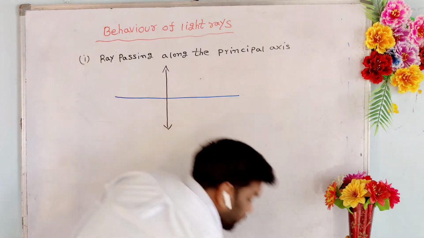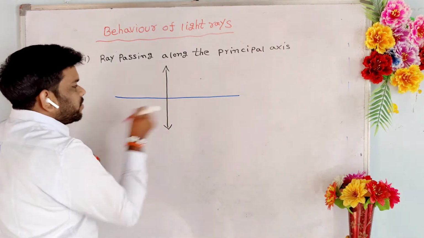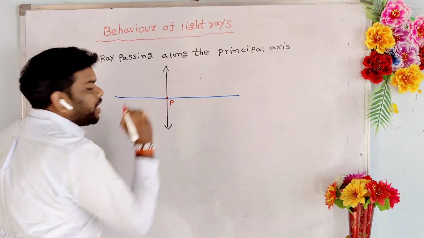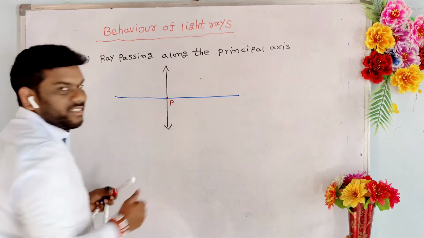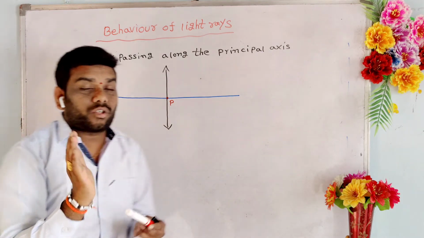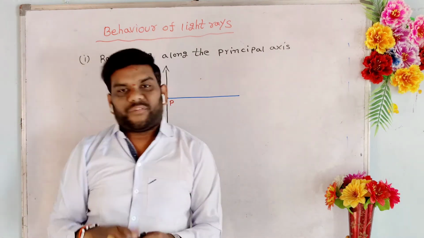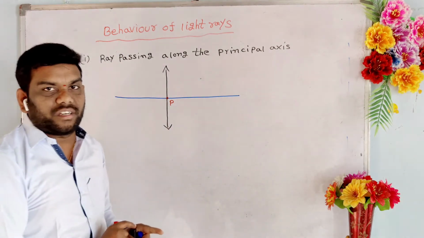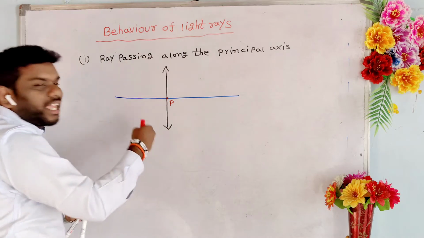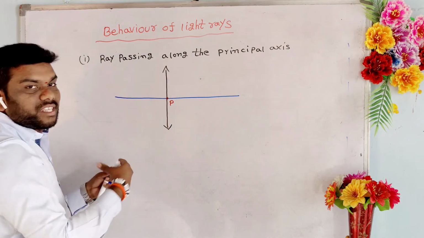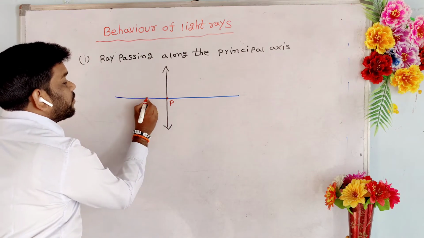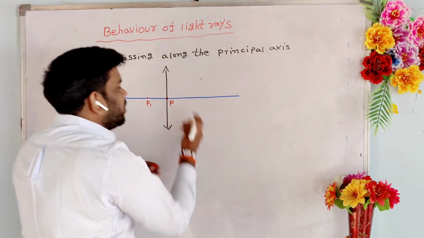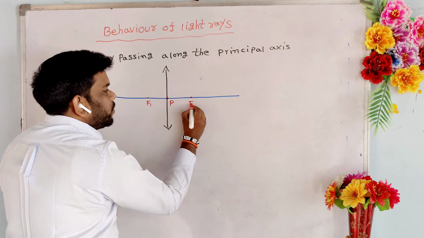Here, this is called the optic center, denoted by P. It is a lens, which means there are two transparent surfaces. In this particular case, on this side the converging point is F1, and on the other side the converging point is F2.